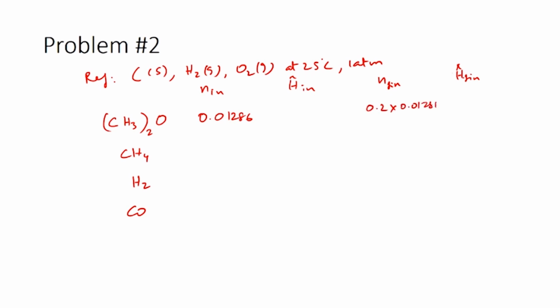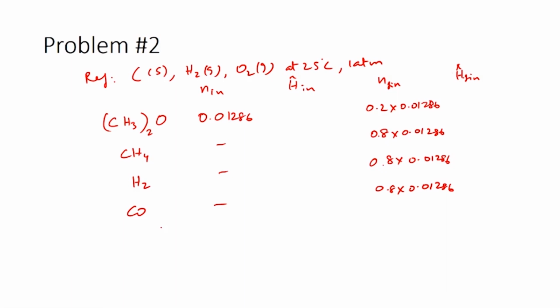Based on stoichiometry, the number of moles of methane at the end would be equal to the number of moles of dimethyl ether consumed, which would be 0.8 times 0.01286, and the same would be the values for hydrogen and carbon monoxide as well. So, you do not have any methane, hydrogen or carbon monoxide in the initial condition.